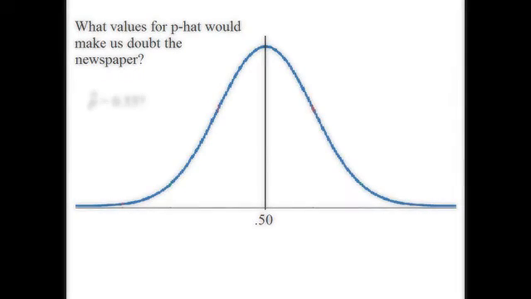So what if the sample proportion, P hat, came out to be 55% or 0.55? Does that give us evidence that the newspaper is wrong? No, the newspaper said it was greater than 50%, so we don't have any evidence against the null hypothesis.